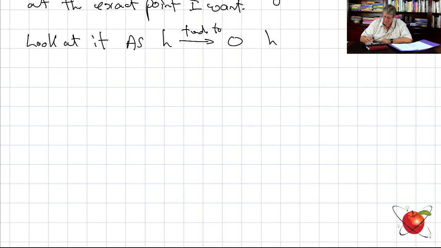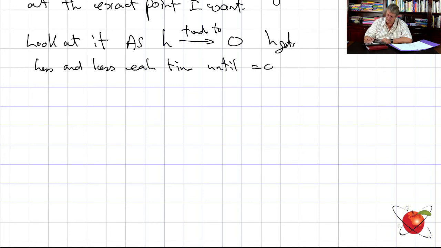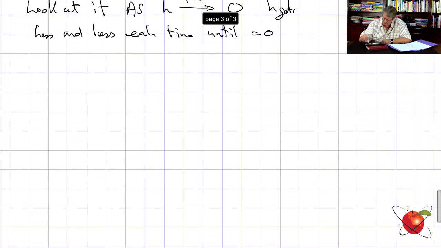In other words, h gets less and less each time until it's 0, if we can make it equal to 0. This is the question we've got to look at. Well, how do we do this?